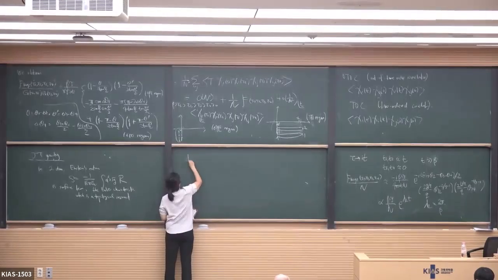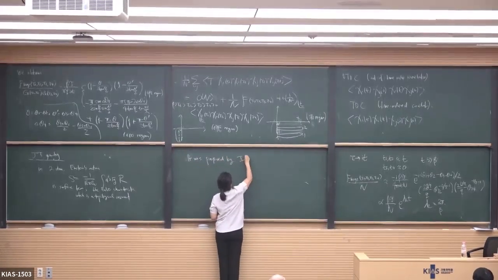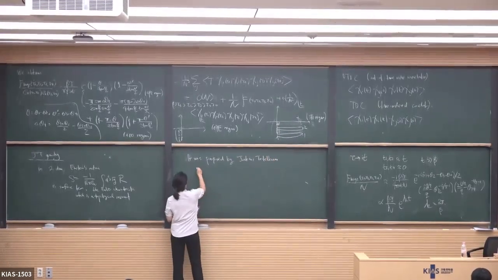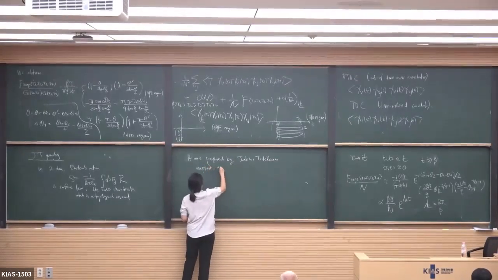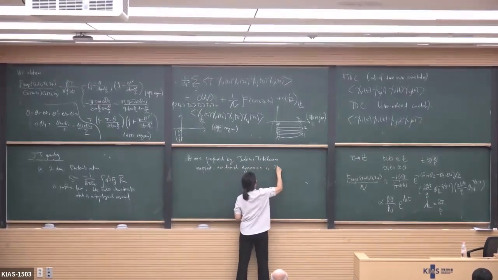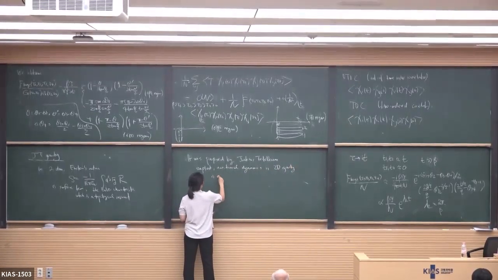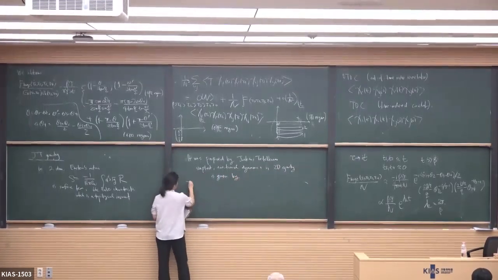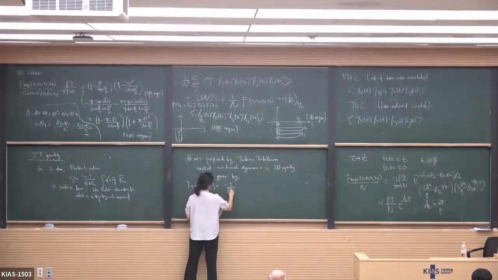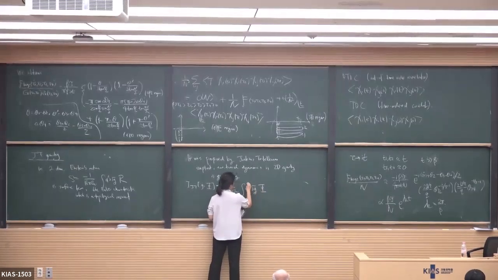It was proposed by Jackiw and Teitelboim. The simplest non-trivial dynamics in 2D gravity is given by the action minus 1 over 16 pi G Newton times... So you insert a scalar field, which is called the dilaton.